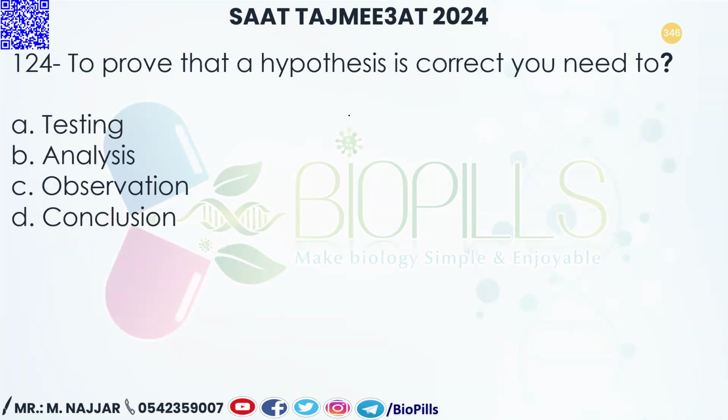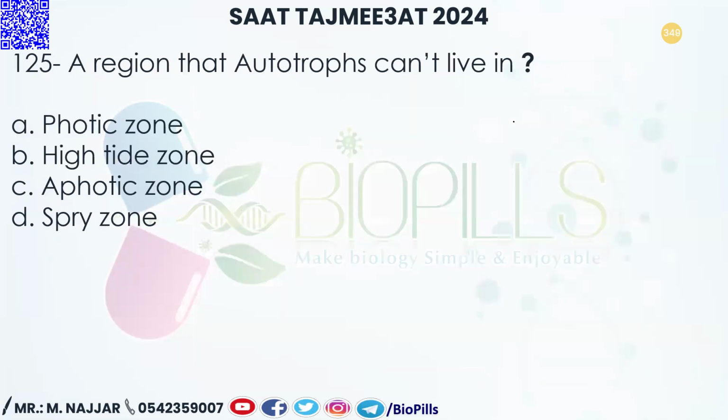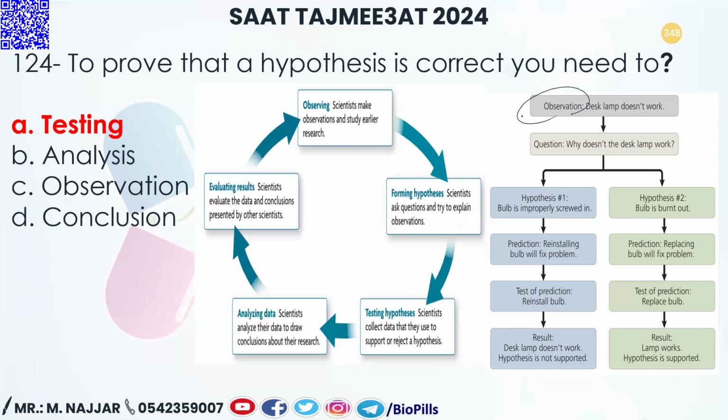In order to prove that the hypothesis is correct, you need to test it. And here is the scientific method, in which there must be observation. Then you will hypothesize, asking a question.